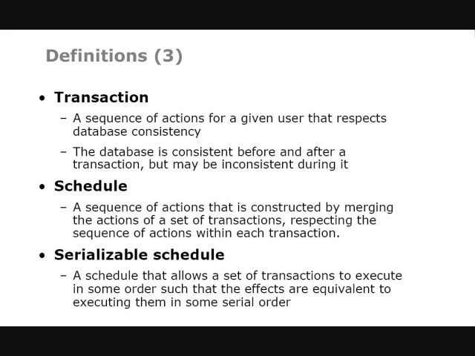So that takes us then to a serializable schedule. And that is going to be a schedule that allows a set of transactions to execute in some order such that the effects are equivalent to executing them in a serial order, one after another. So what I'm looking for is how do I interleave the operations of two transactions so that the end effect is the same as if I've done one first and then the other.